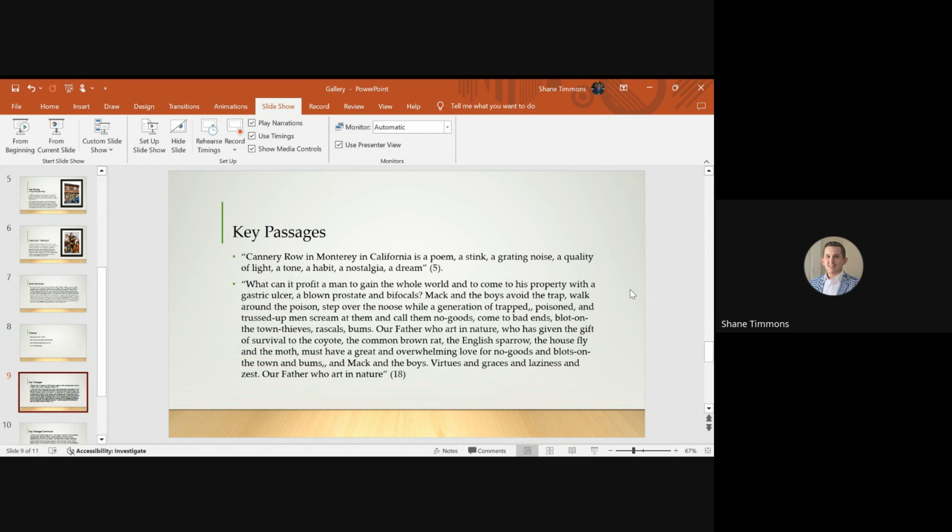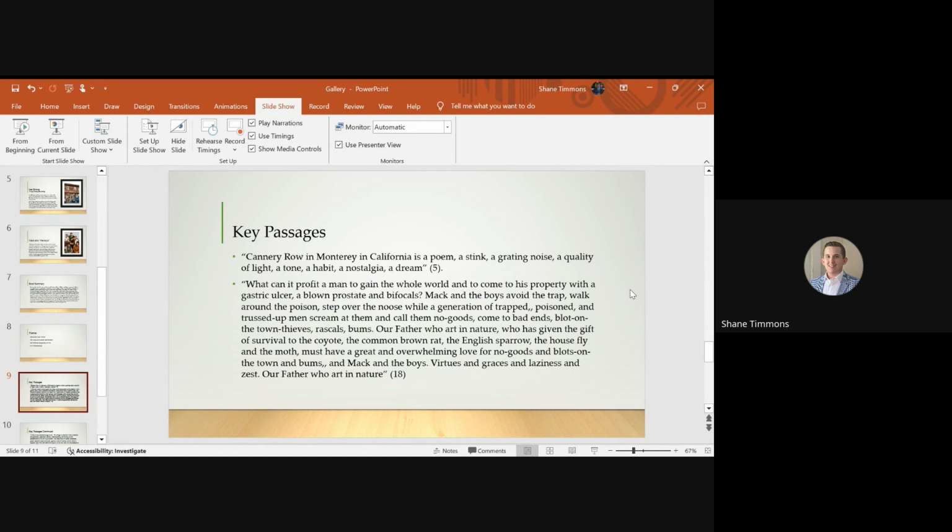Our Father who art in nature, who has given the gift of survival to the coyote, the common brown rat, the English sparrow, the housefly, and the moth, must have a great and overwhelming love for no goods and blot on the town and bums and Mac and the boys, virtues and grace and laziness and zest, our Father who art in nature.